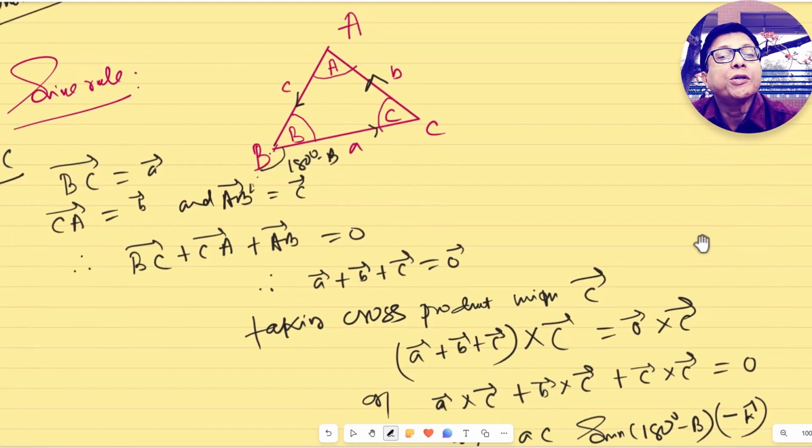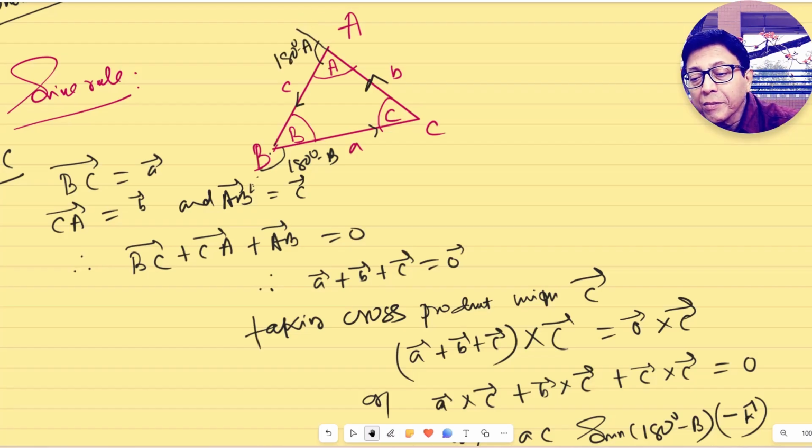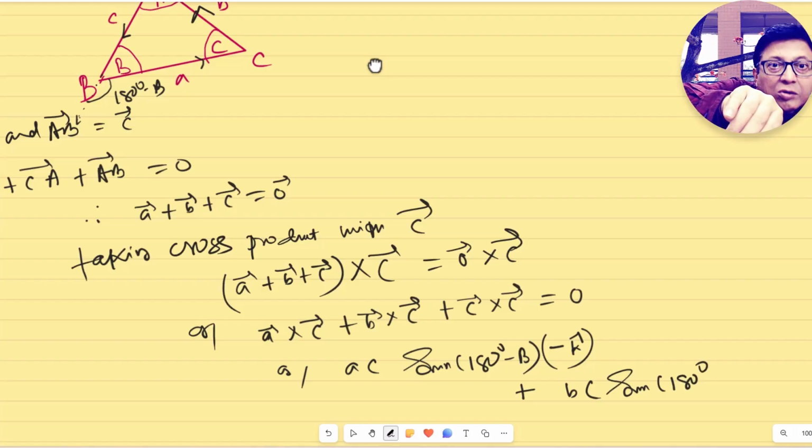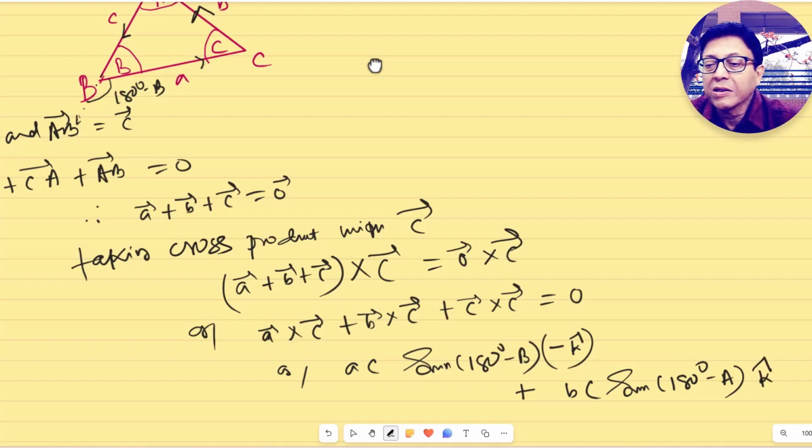So this is going to be AC, and the angle between them is 180 minus B, so AC sine 180 minus B, multiplied by minus K cap. Okay? Because you have curled the vector from A to C, it is going into the plane of paper.